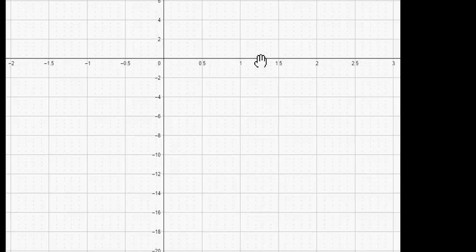We have minus 2, minus 20, so that's going to be minus 2 here, and we have minus 20 down here, so we plot that down here. We have minus 1.5, minus 7.9, so minus 7.9 is about here.